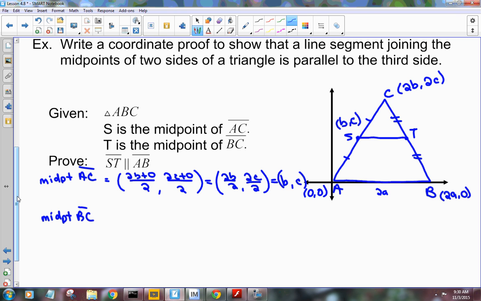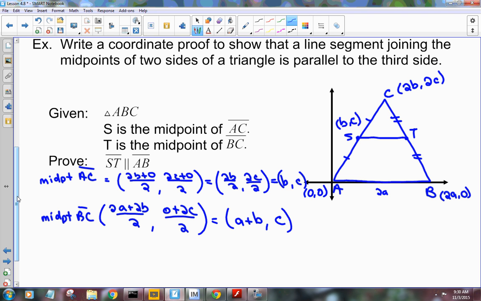Now T is a little trickier because we've got two variables. That's okay. Here we're going to do the same thing. We're going to add our x's together: 2a plus 2b divided by 2. And here I'm going to have 0 plus 2c divided by 2. This is going to just be a plus b, and this is going to just be c.